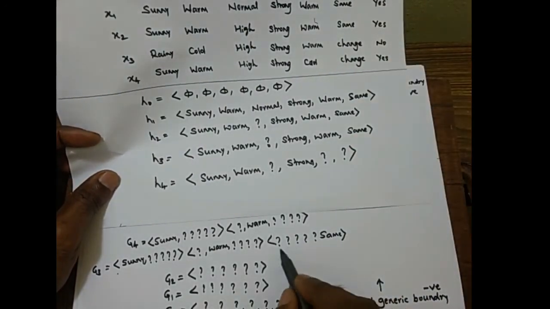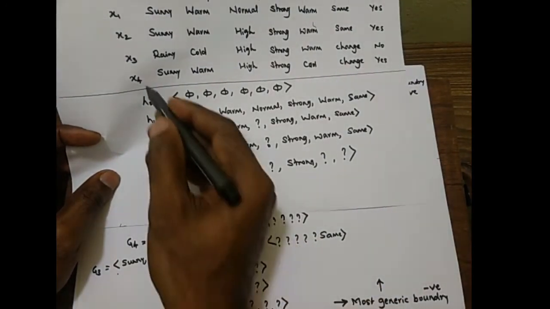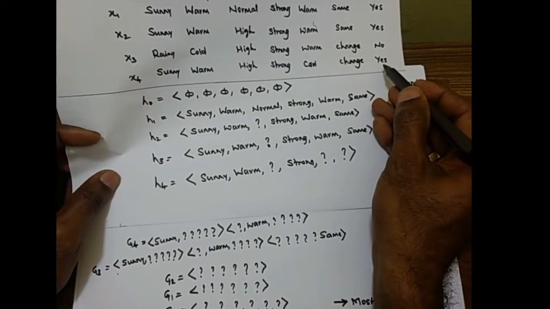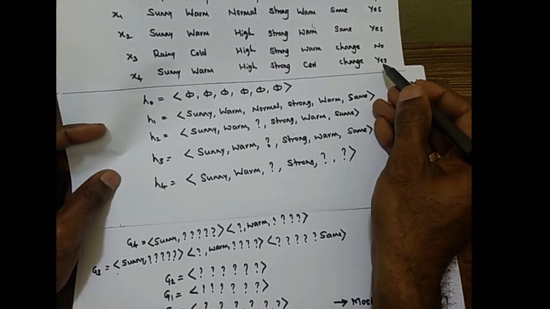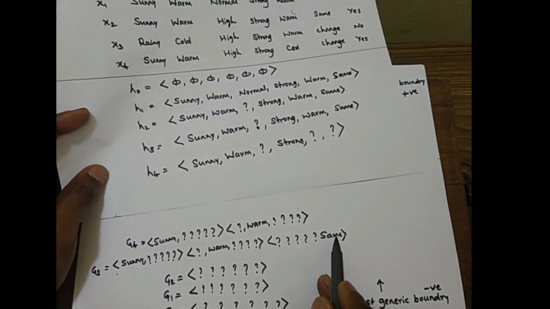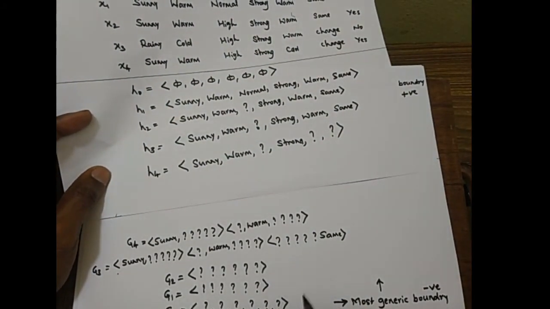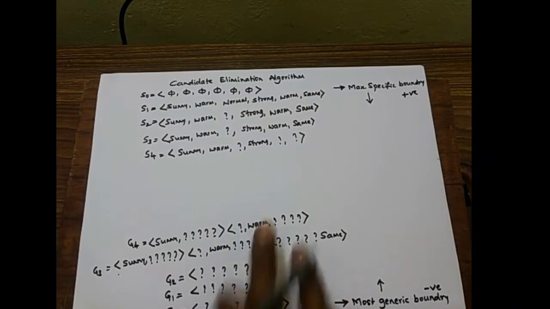So if you consider this hypothesis, it will show X4 as negatively classified, which is not required. Hence, this hypothesis is not considered. It is eliminated. So this hypothesis set again will shrink and will give us only 2 hypotheses.